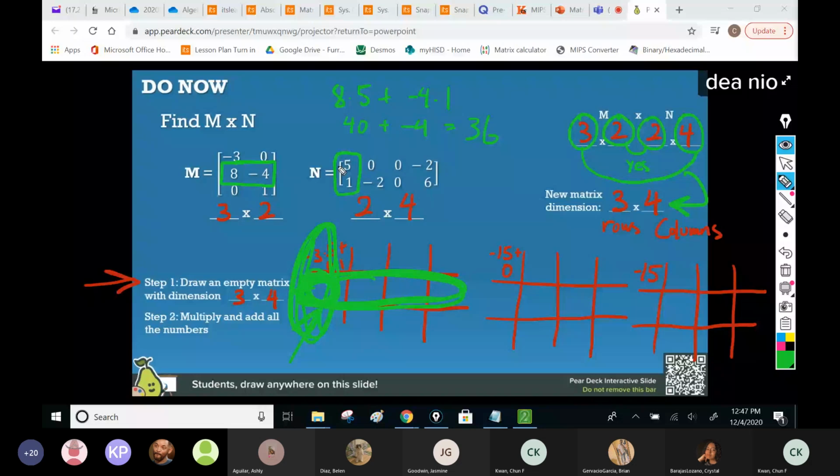And then we're going to do first number times first number. So you have 8 times 5 plus the second number right here times the second number right here. So you have -4 times +1.